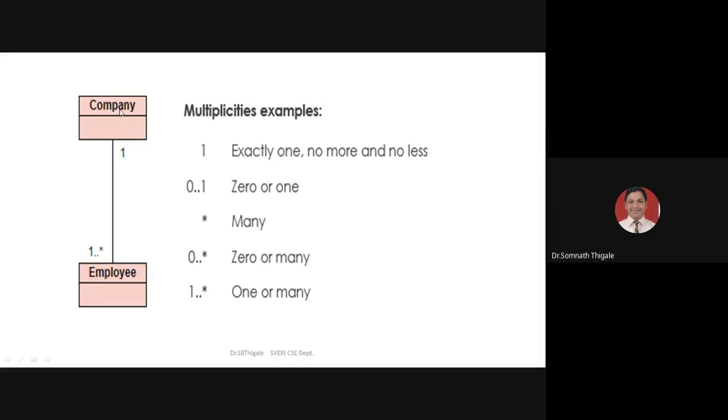For one company there may be more than one employee, but for one employee we have exactly one company at a time. So it represents exactly one. This is 0..1, 0 or one. The star indicates many. This is 0 or many. This is 1 or many. We will discuss it in one more simple style.